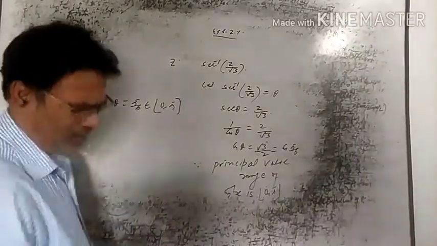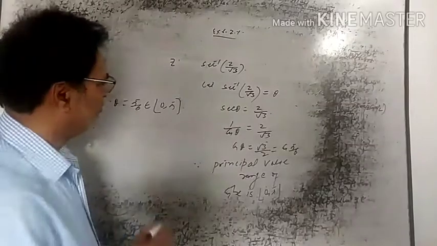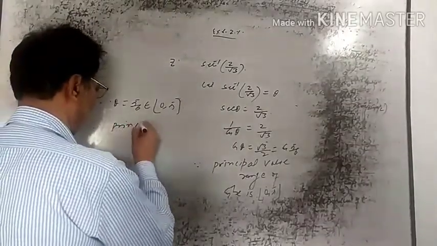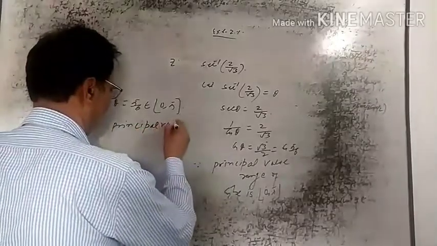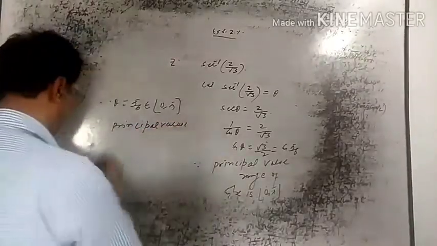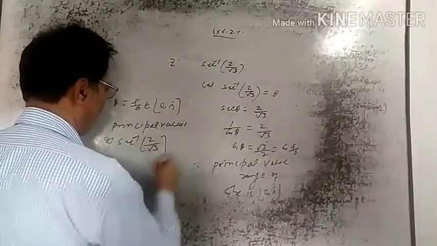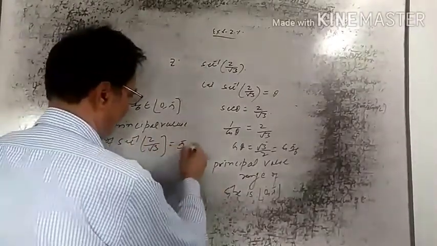Therefore, the principal value of sec inverse 2 by root 3 is equal to pi by 6.